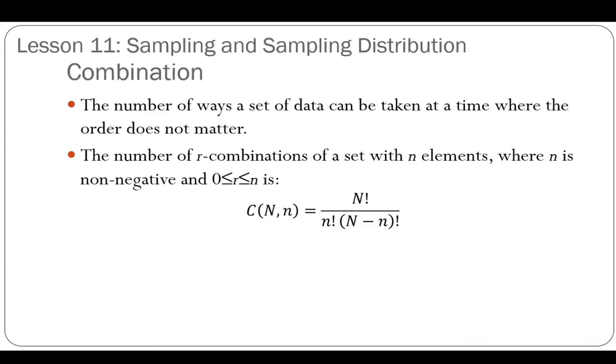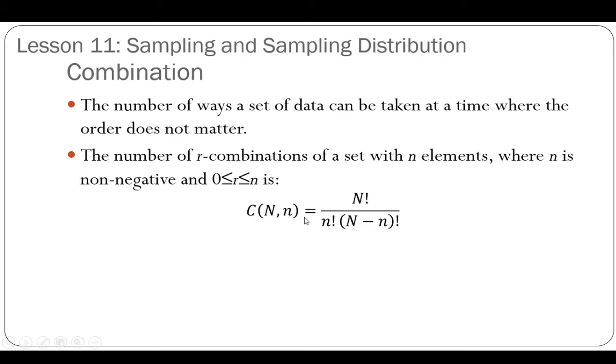Okay, good. Next, combination. The number of ways a set of data can be taken r at a time where the order does not matter, or the number of combinations of a set with n elements, where r is greater than or equal to 0 and less than or equal to n. Here is the combination formula.